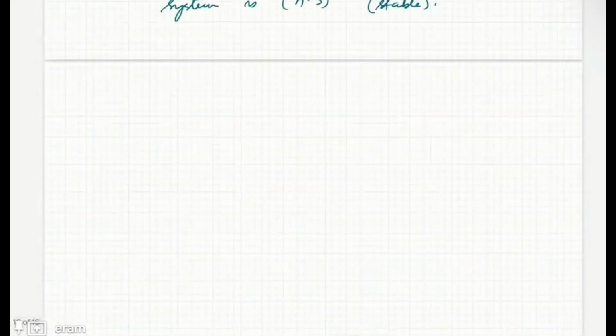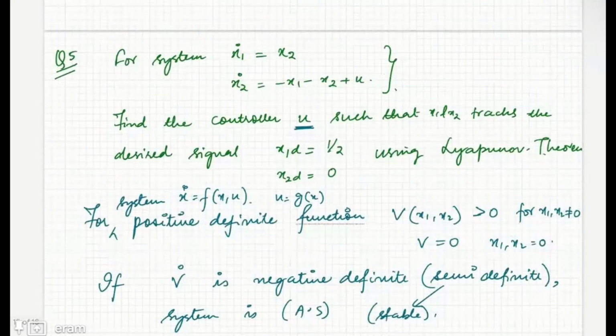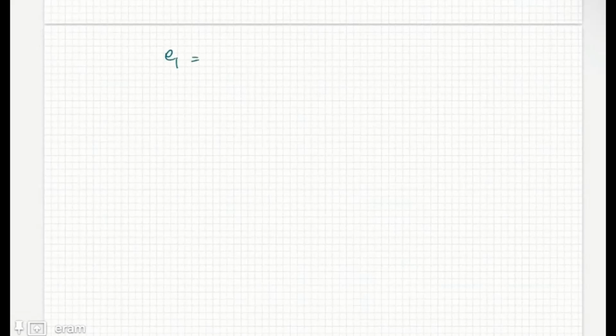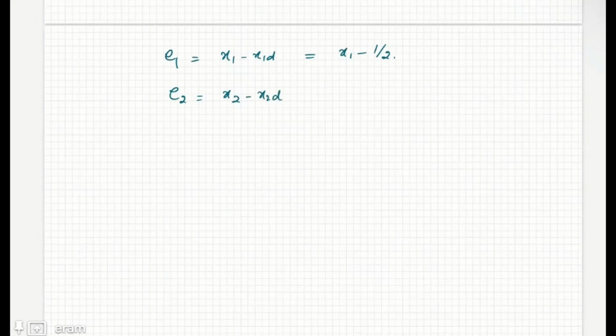So the first task for this problem is to choose a Lyapunov function. A very common approach is to use a quadratic function. Since it's a tracking problem and not a stabilization problem, tracking involves stabilization of the error dynamics. So let's derive the error dynamics. Let's write the error e1 as x1 minus x1 desired, where x1 desired is just half, and e2 as x2 minus x2 desired. Since x2 desired is 0, e2 is nothing but x2.